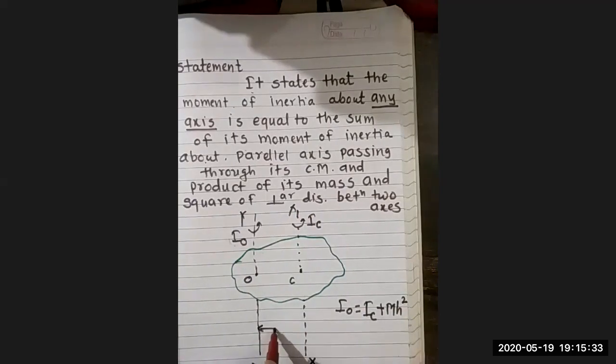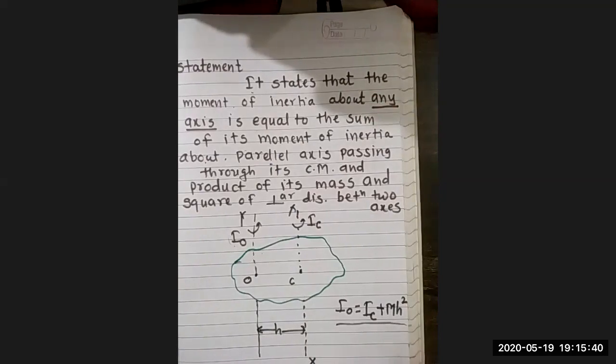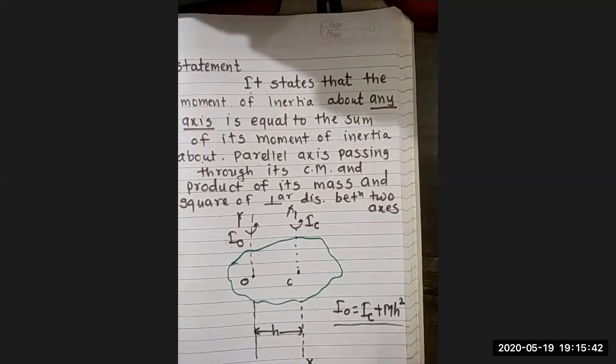If the distance between these two parallel axes is h, then the mathematical formula is like this.